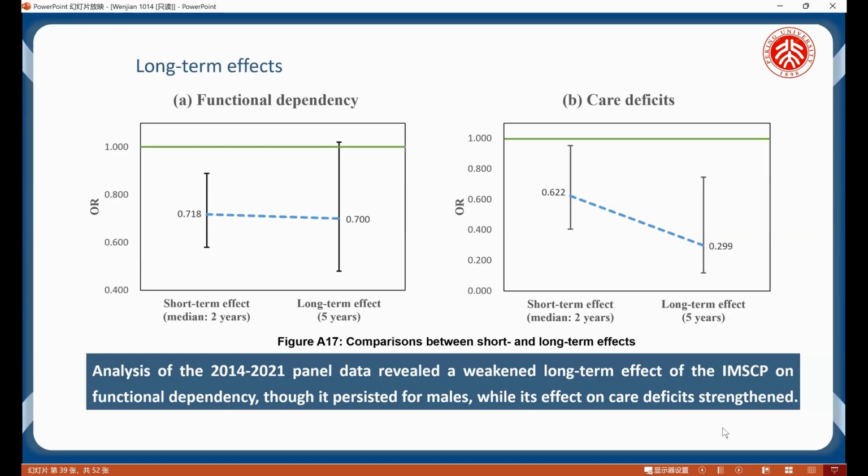The results revealed a weakened long-term effect of the IMCP on functional dependency, though it persisted for males, while its effect on care deficits strengthened.